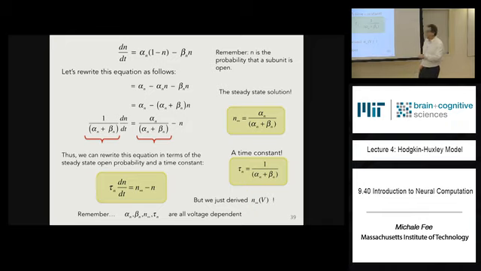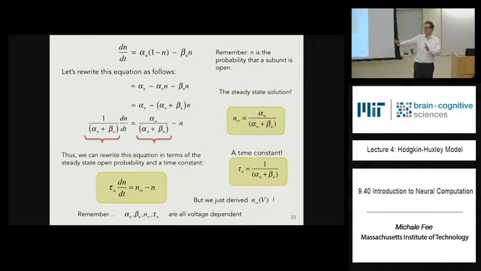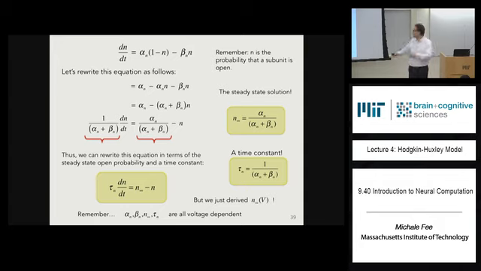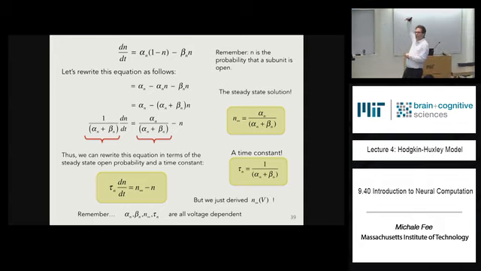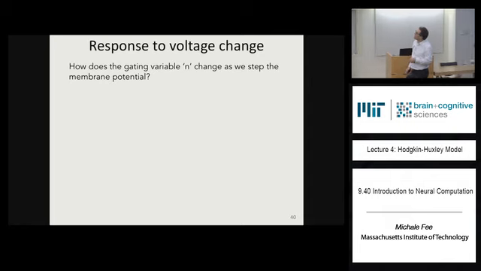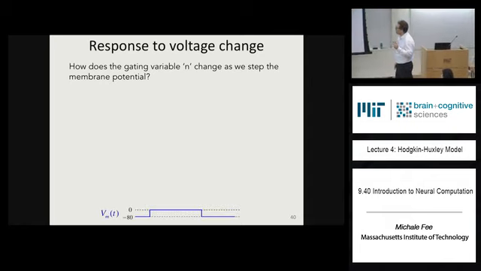For big voltage, if we think of it as a probability, n infinity is close to 1. So n infinity goes from 0 at negative voltages, with sigmoidal activation, up to 1 at high voltages. Okay, so now let's look at how n changes as a function of time.